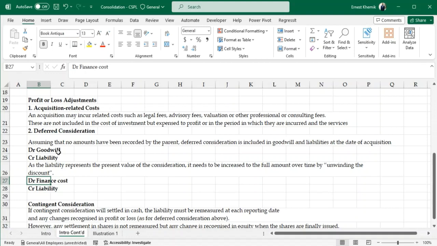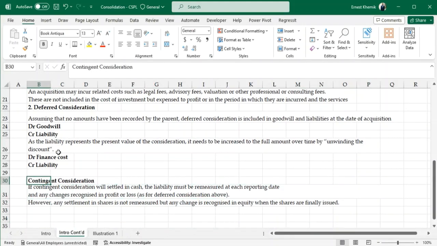Alright, so we will debit the finance cost, and then it is going to increase our liability. In this case, it's going to be a current liability. So I want you to get the deferred consideration as well. We are going to solve many other questions, so you will get to understand all of these intricacies within the consolidated statement of profit or loss.